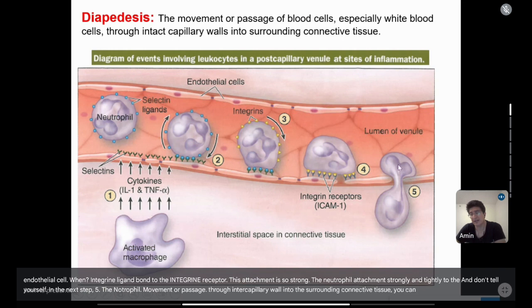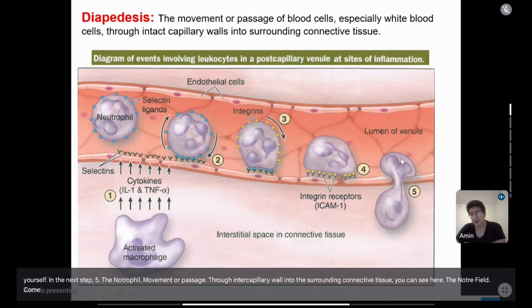You can see here the neutrophil comes out from the lumen of blood vessel into the connective tissue.